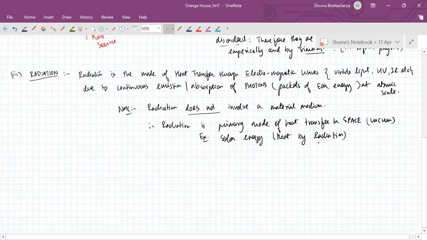So it is not only heat by radiation, but it is radiation purely. There is no other form of heat transfer involved. Okay, so that is the basic concept of radiation. Now let us understand the equations that we can write for radiation. So this is the third and final mode of heat transfer.